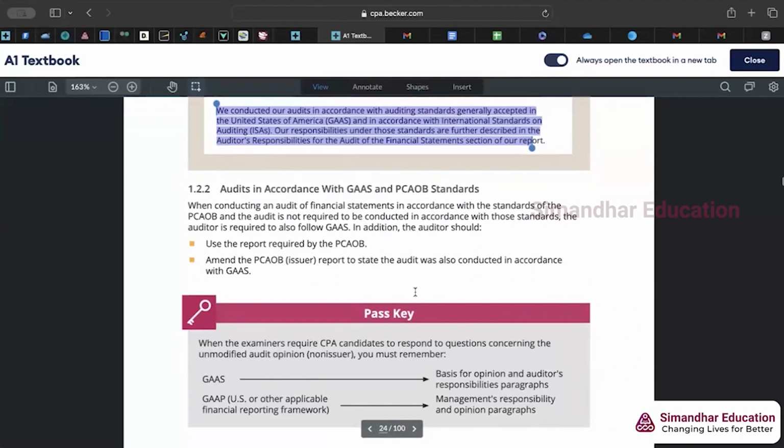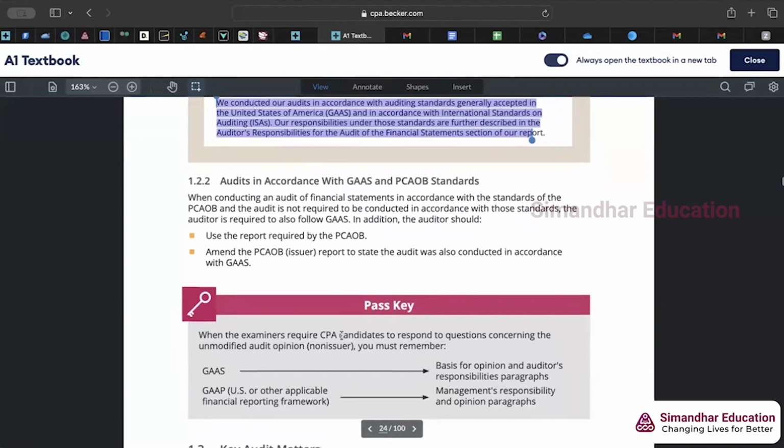Okay. Now, this is going a little ahead. We'll go to the passkey. Just give me 1 minute. When you're conducting an audit in accordance with GAAS and PCAOB AS, you should use the reports used by PCAOB.